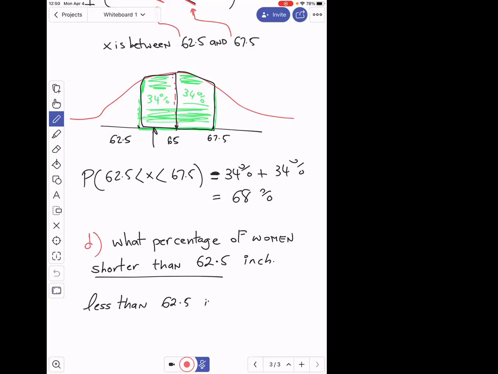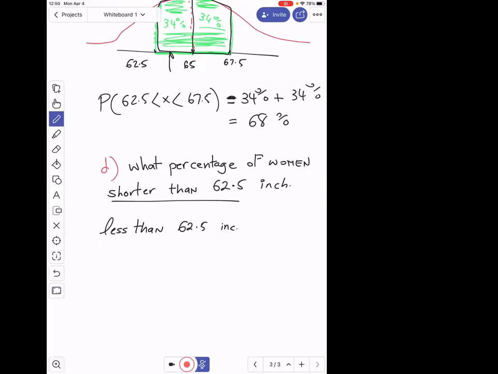So your height X is less than 62.5 inches. So we want to find the probability that the height X, that's your variable that represents the height, is less than 62.5. So this symbol here means less than.